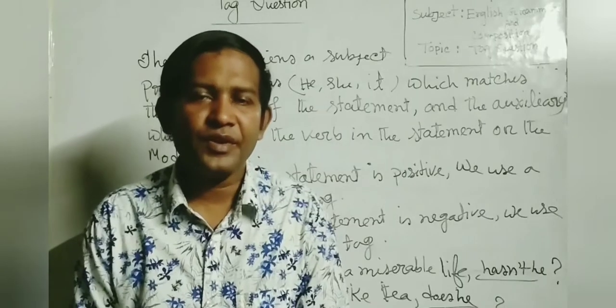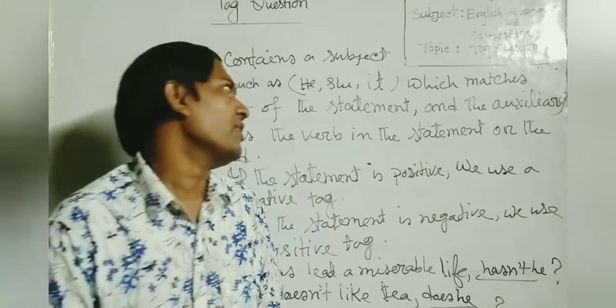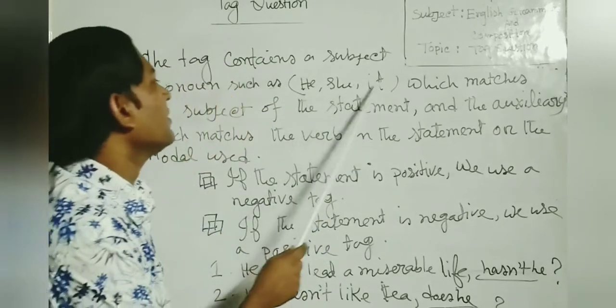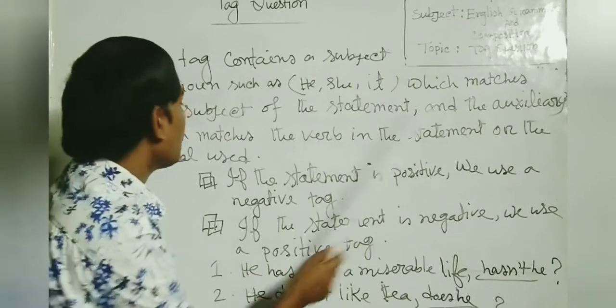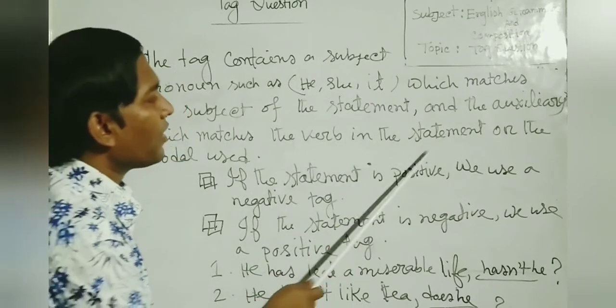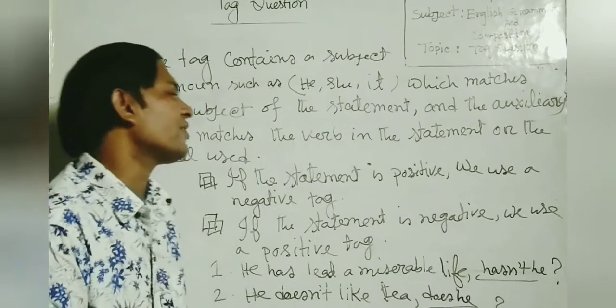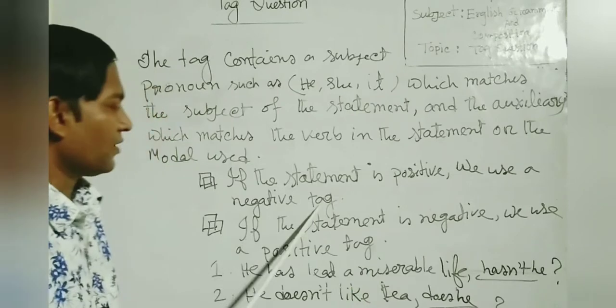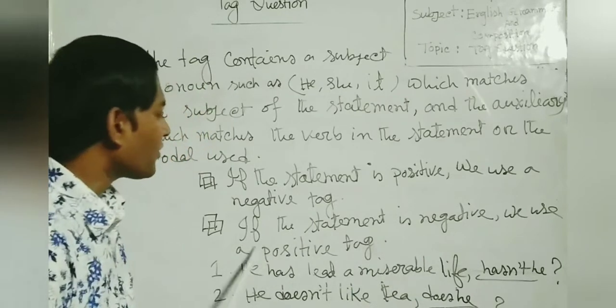Dear students, you have to know the tag contains a subject pronoun such as he, she, it, which matches the subject of the statement, and the auxiliary which matches the verb in the statement or the modal used. If the statement is positive, we use a negative tag. If the statement is negative, we use a positive tag.